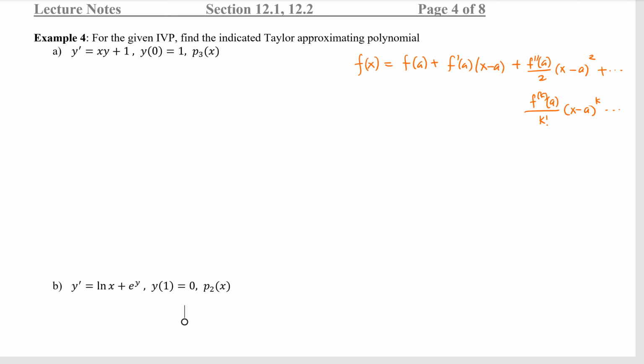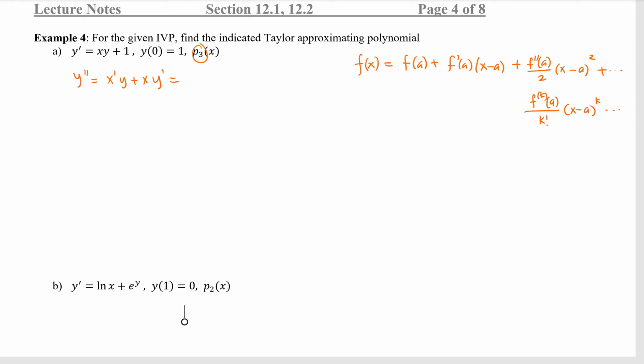Okay. So the Taylor polynomial is a polynomial in powers of x, right? And we want to find P3. P3 means we need to find the third derivative. So this is the first derivative, and for the second derivative we use the product rule, x prime y plus x y prime.